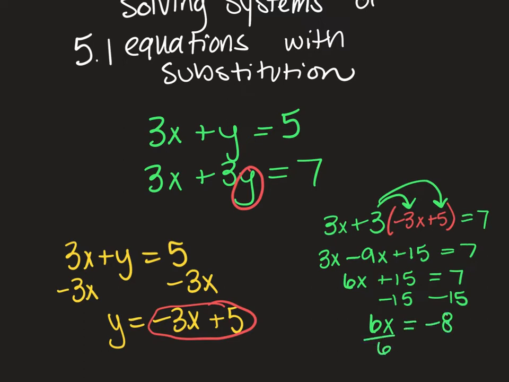And then we'll divide both sides by 6. So x is equal to negative 4 over 3 when we reduce that fraction. Oh, it's negative 6. Yes, thank you. Which is going to make that positive 4/3. Thanks, Hannah.